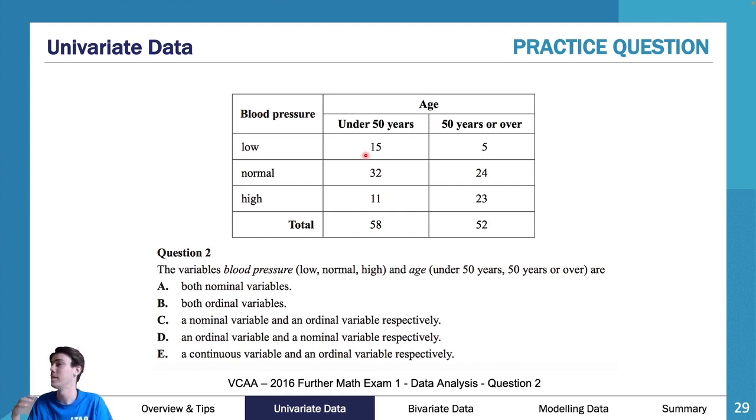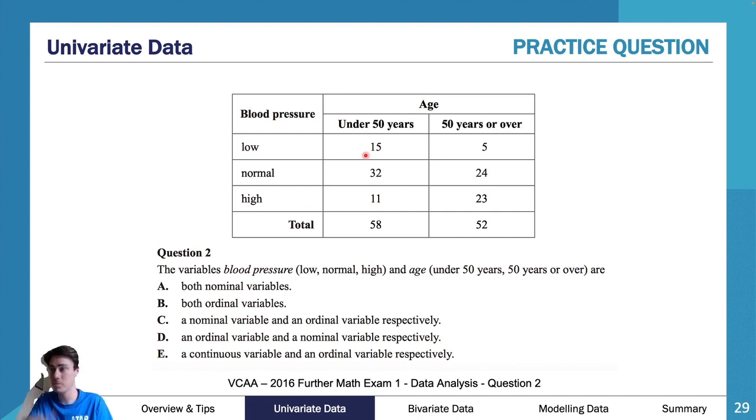Now, then we have under 50 and over 50. What was really interesting about this question is a fair proportion of people thought this might have been a numerical piece of data. So they thought this could have been a continuous piece of data. And so a lot of people went for E. And then a lot of people also went for D, because we had an ordinal.